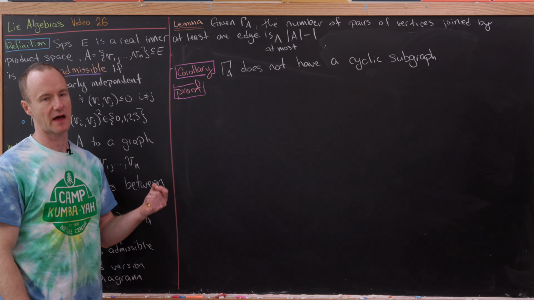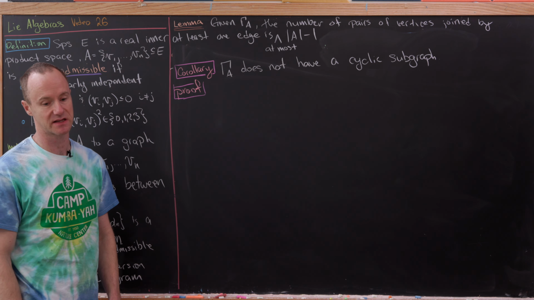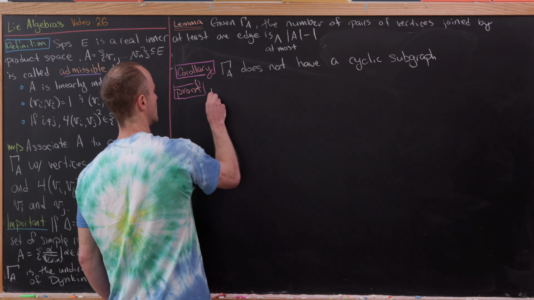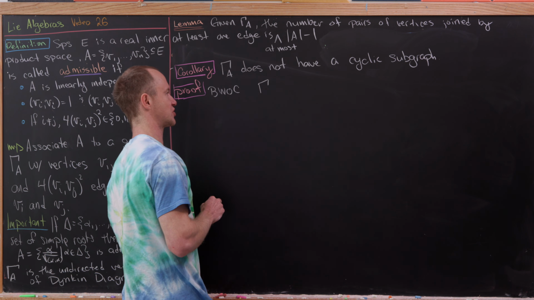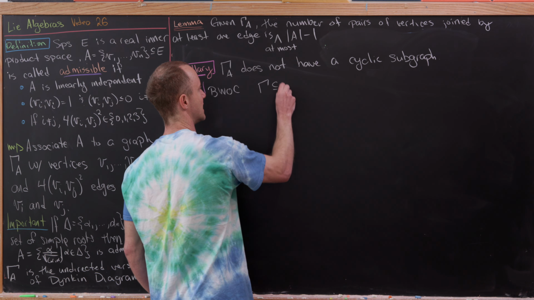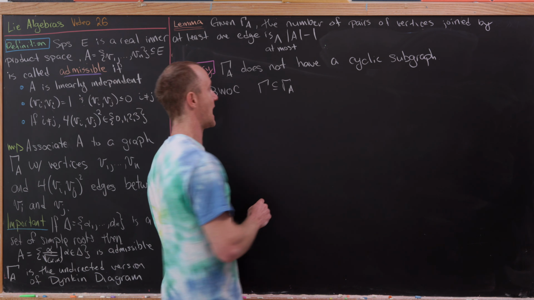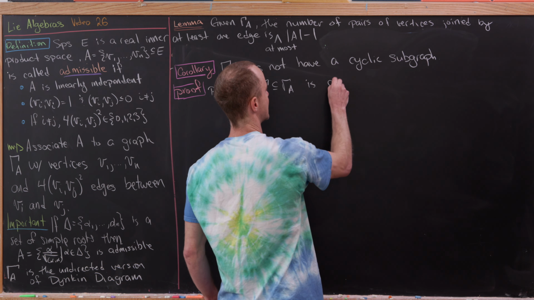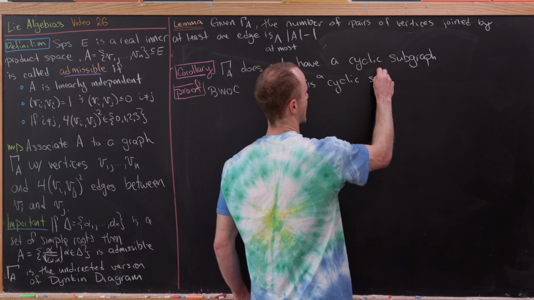So gamma A, that graph associated to the admissible set, cannot have a cyclic subgraph. So we'll prove this by way of contradiction. Suppose that gamma is a subgraph of gamma of A, and it's cyclic. So I'll just say it is a cyclic subgraph.